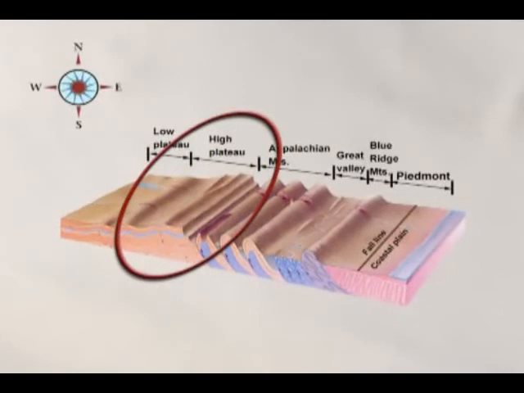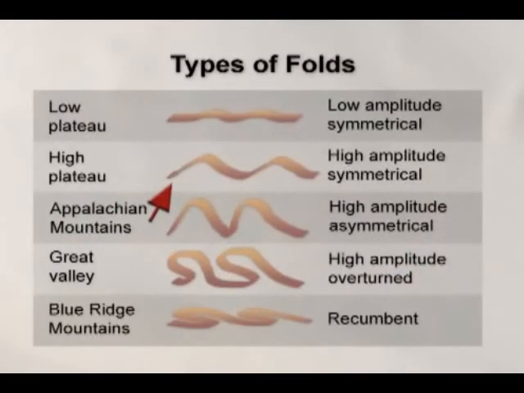Once you get up on the plateau, this would be now what I would call the high plateau. The folds are symmetrical. Okay, but high amplitude. The high amplitude, high enough, for example, that they can actually appear on the surface as ridge lines. So if you go with the high plateau, you're looking at long parallel ridges and long parallel valleys, nowhere near the magnitude of the valley and ridge, but they're there because of these symmetrical folds.